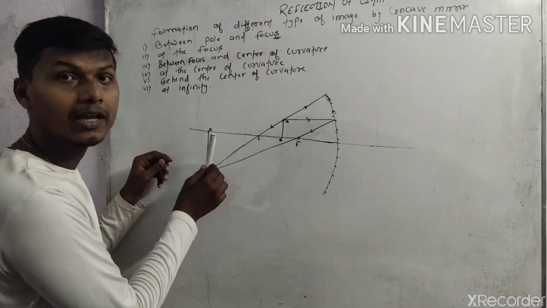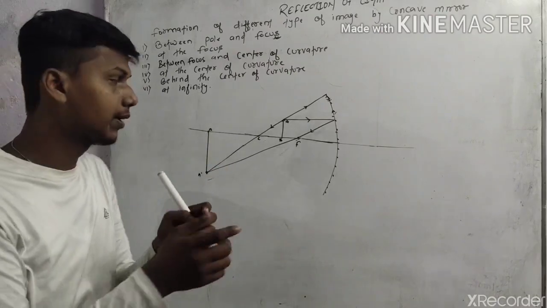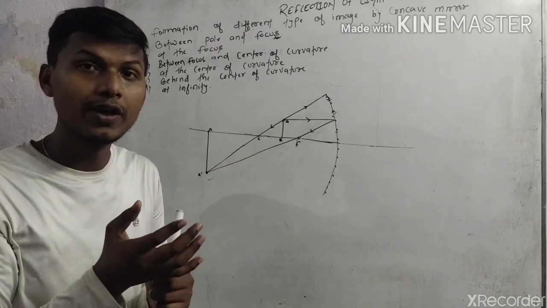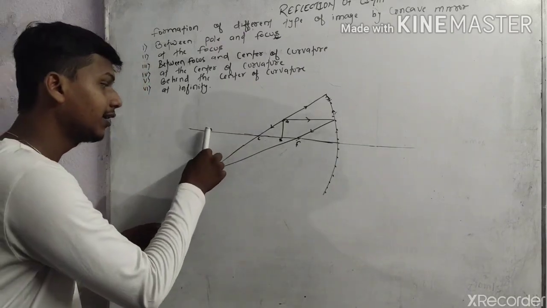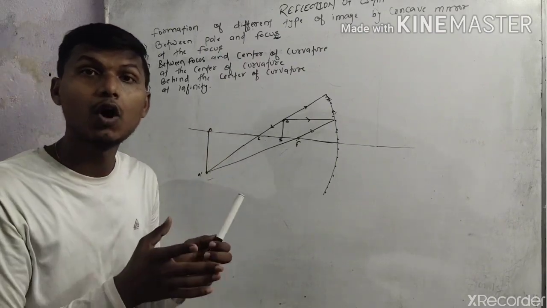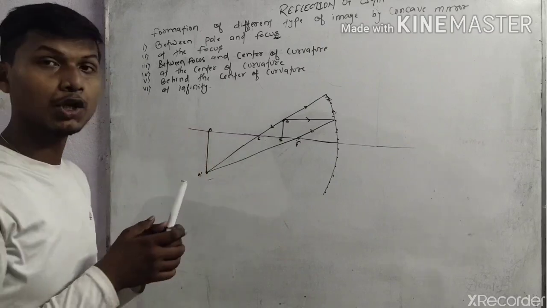So we can say that the image will be formed behind the center of curvature, and the nature of the image will be inverted, real and enlarged.